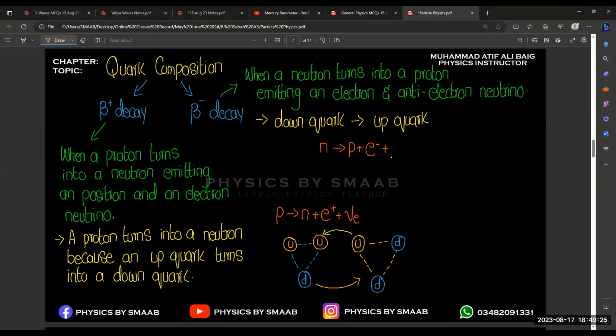It means that the electron neutrino is common in both reactions. So these are the two types of quark composition, that is for proton to neutron conversion and neutron to proton conversion, right? So any confusion?